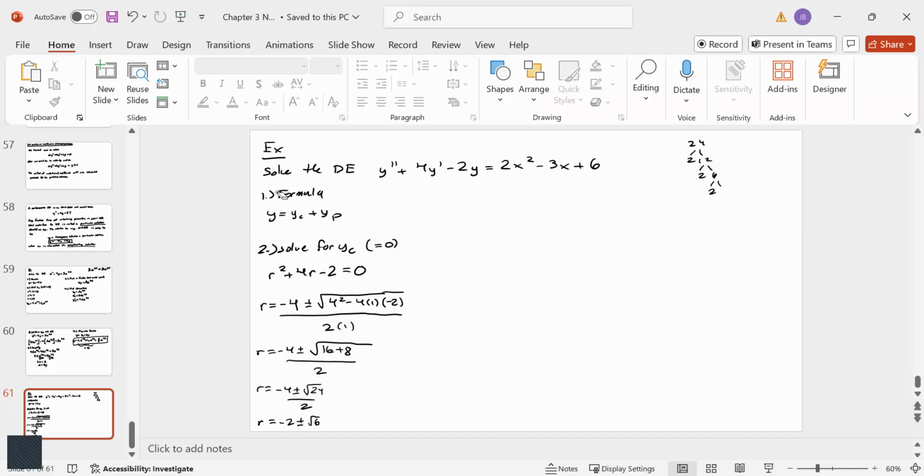Don't worry about that algebra. That's just the answer. So there we go. Which means yc is equal to c1 e to the negative 2 plus square root 6 t plus c2 e to the negative 2 minus square root 6 t. You wouldn't get something like this probably on the exam.